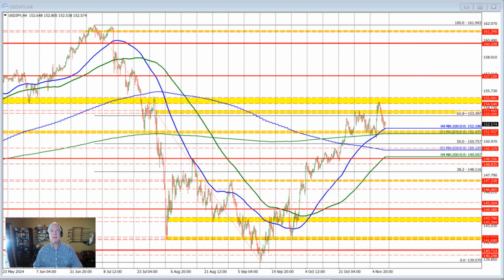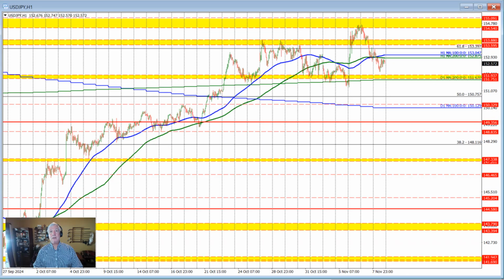Now, let's take a look at the hourly chart, because there are some clues here in the more recent price action. If we look at the price action in trading today, we fell below both the 100 and 200 hour moving averages. That's the blue and green lines through here. And we've been able to stay below those levels since then.